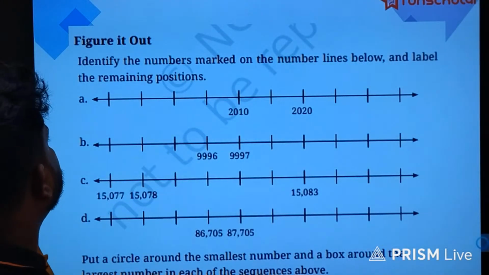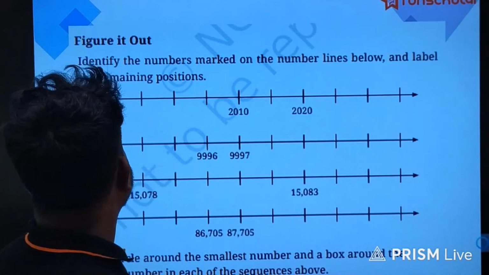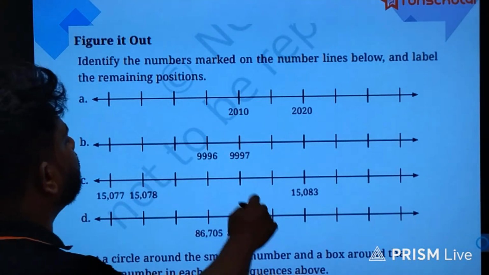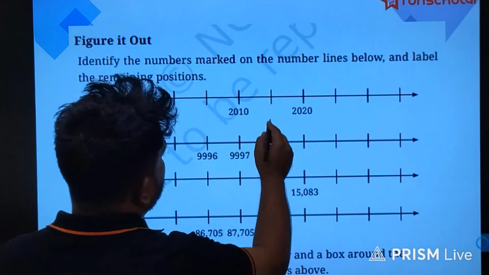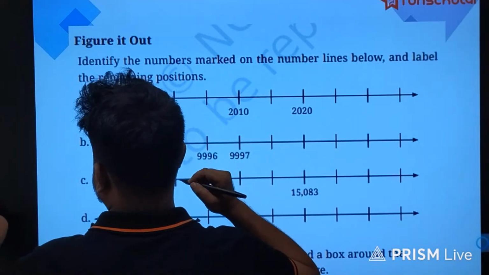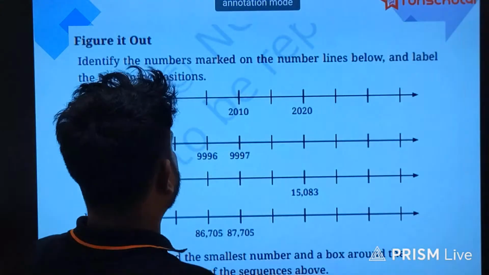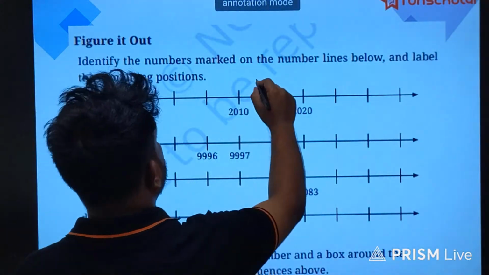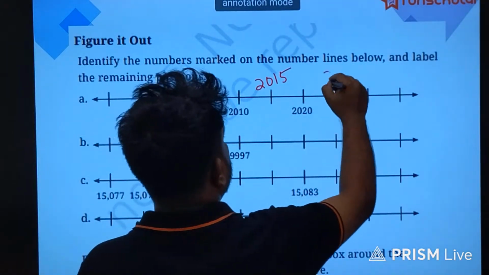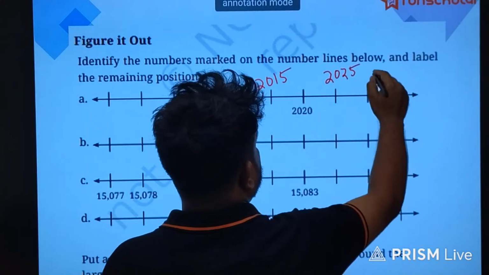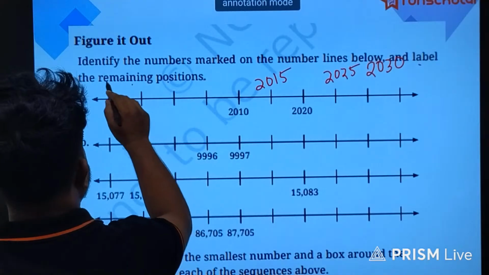The next one, figure it out. Identify the numbers marked on the number line below and label the remaining positions. If this one is 2010 and this one is 2020, tell me what will be in the middle. From 10 to 20 we have one position left, so it will be 2015, and after that it will be 2025, then 2030, and you can fill in the rest by yourself.